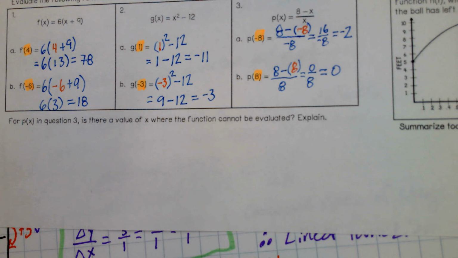Think about that. Yeah, if 0 is in the denominator. So what number for x would make 0 the denominator? 0. Because if we use 0, then 0 is a denominator, and we cannot divide by 0. So it's undefined there.